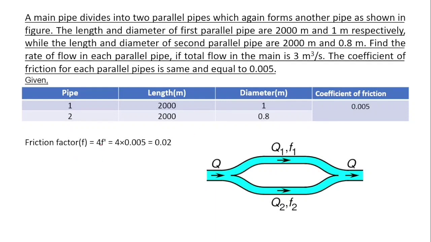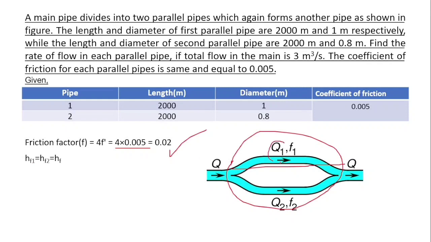So F is 4 F dash, 4 times 0.005 gives 0.02. In parallel connection, head loss at pipe 1, HF1, and head loss at pipe 2, HF2, will be constant, so let us denote it by HF.